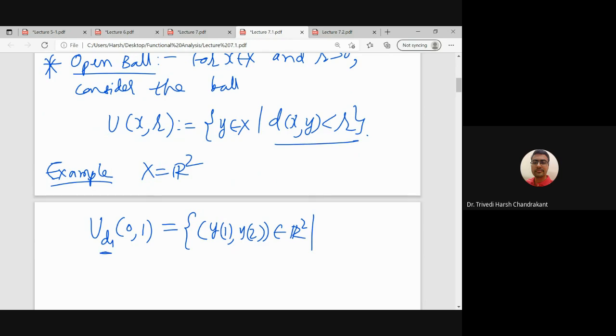So that means we need to take another element of R2. So D1 of the first element x1, x2, its distance with y1, y2 is less than r.